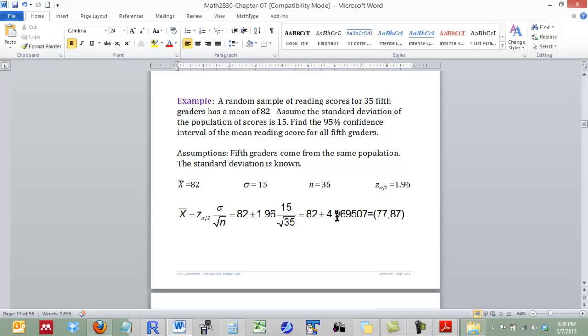So 82 minus 5, right? And we're going to round to the same precision as our sample mean. Right, so that gives us a lower bound of our interval of 77. And then I'm going to add it to my sample mean. So 82 plus that value is going to be, so rounded to the same precision, 87. Right, so that's the steps you'll go through.